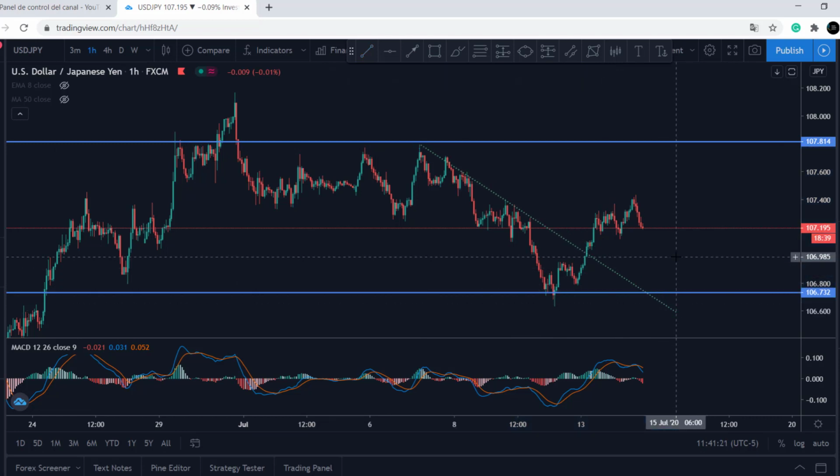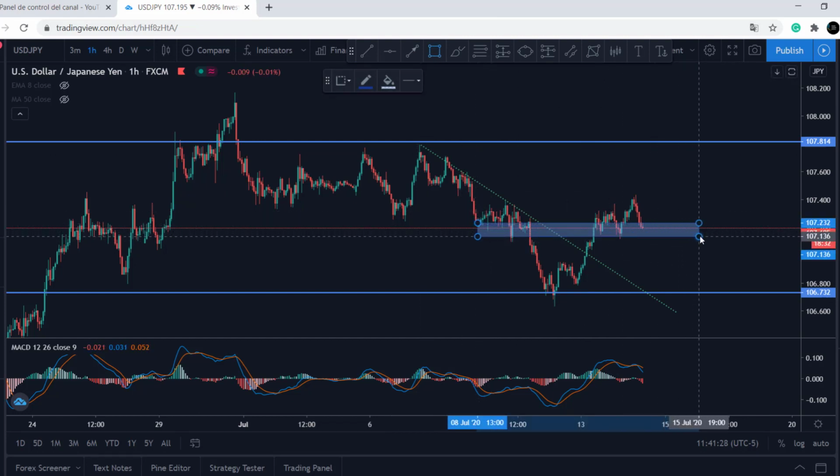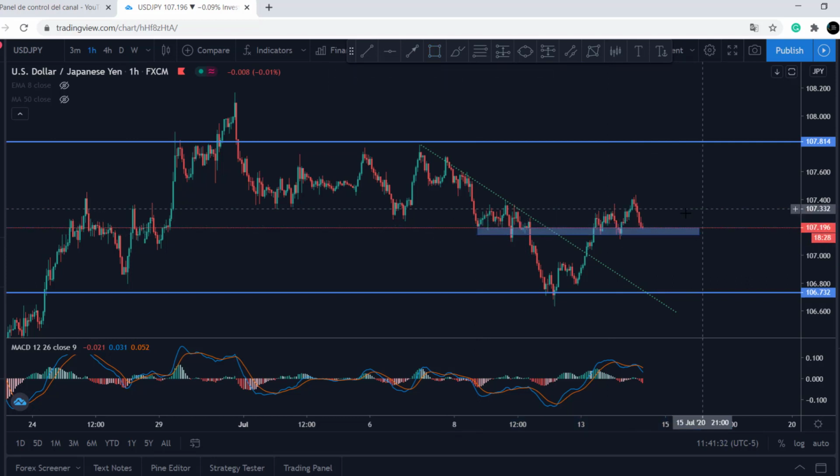So it's broken. Here we have another support. This zone. 1, 2, 3, 4, 5 touches. Maybe if this candle closes below the support, the price is still going to go down and touch this basically blue line that is our huge support.